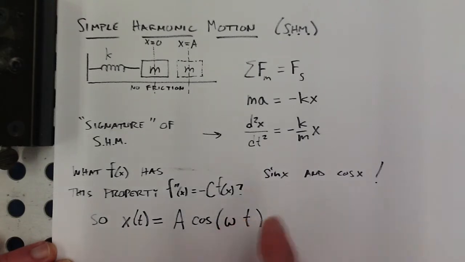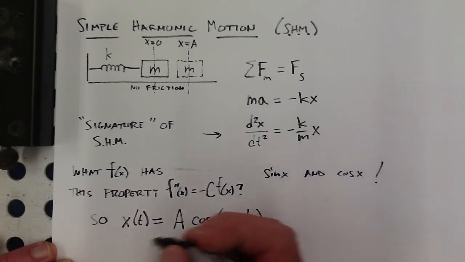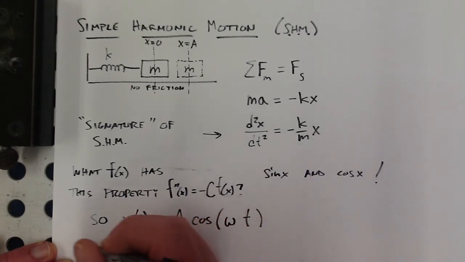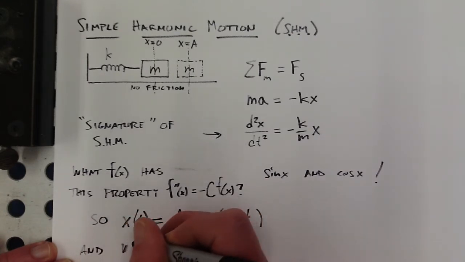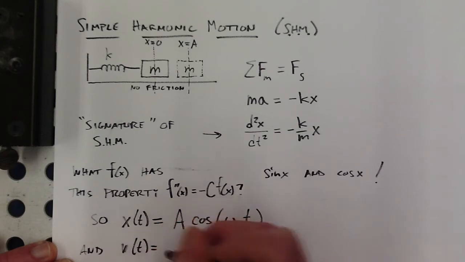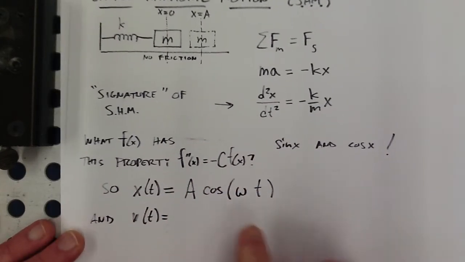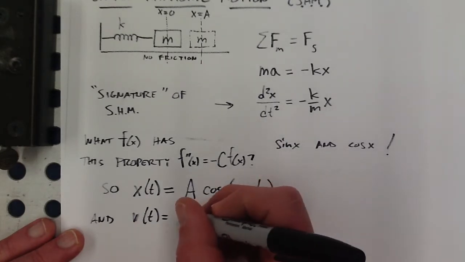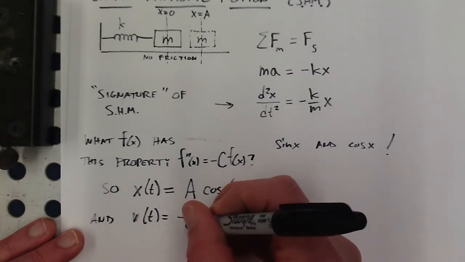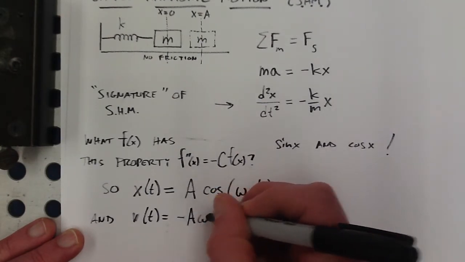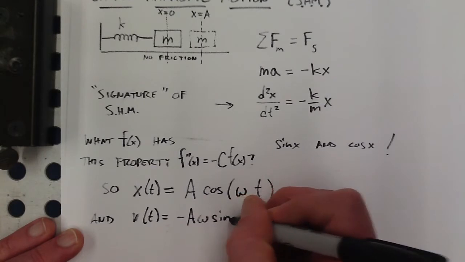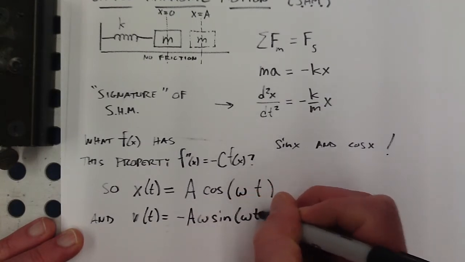So this thing here, if you take two derivatives, then let's see. Let's go ahead and do that. What would the velocity be? Well, when I take the derivative of this, I'm going to get negative A, the chain rule is going to pop out one of these omegas, sine omega t.